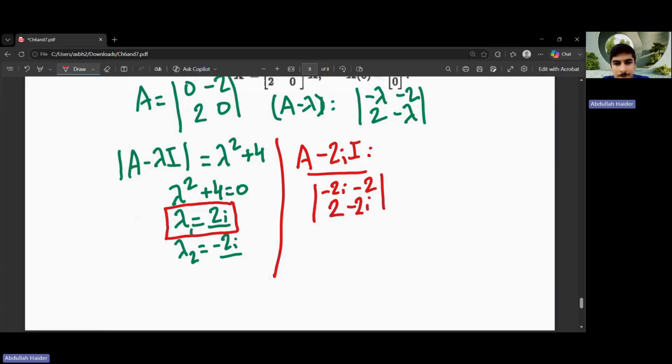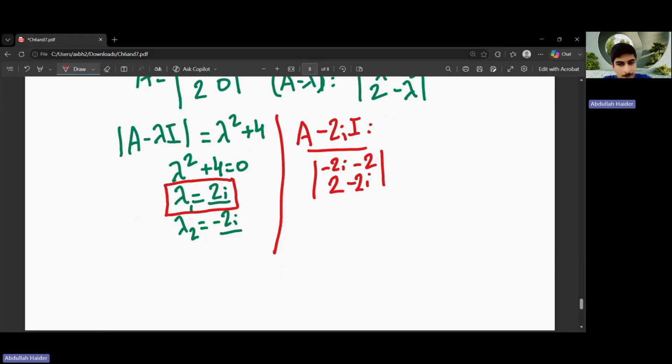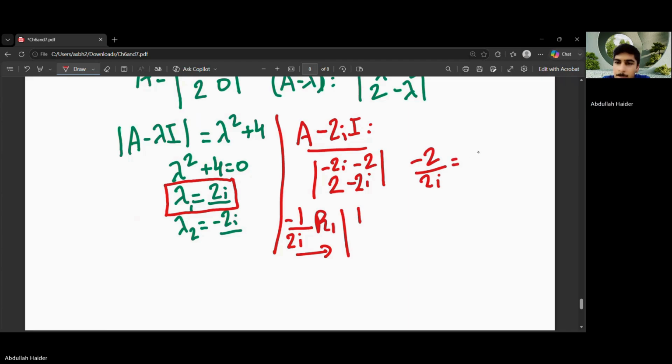So now I think what I can do is, if I want a row reduced echelon matrix, I can divide the first row by minus 2i, and I will get 1, and then minus 2 over 2i, this is minus 1 over i.